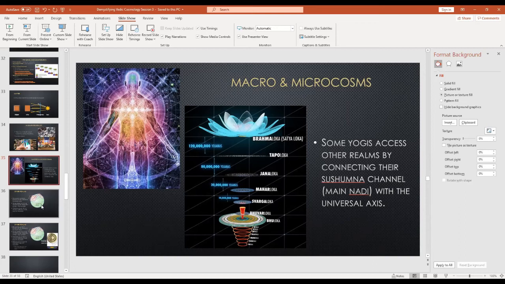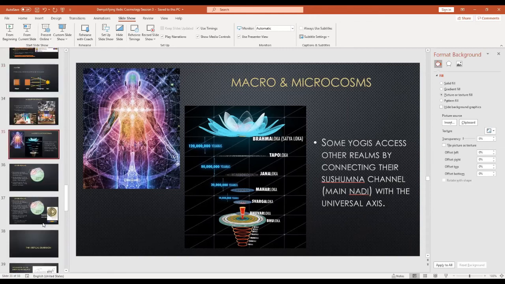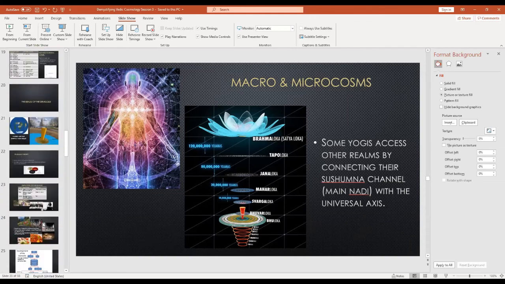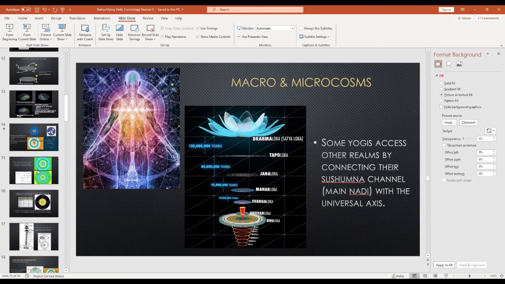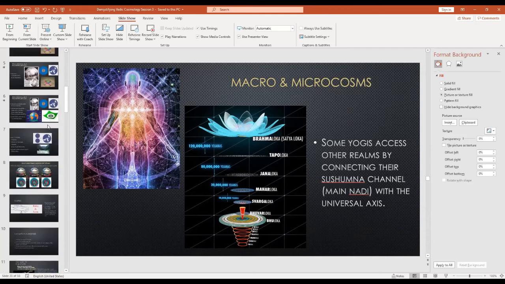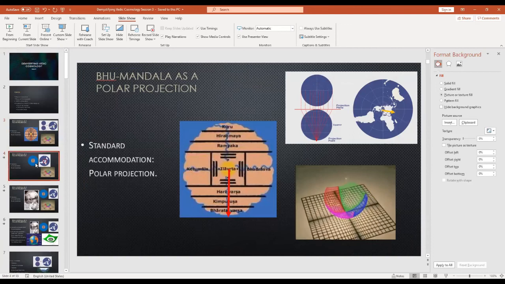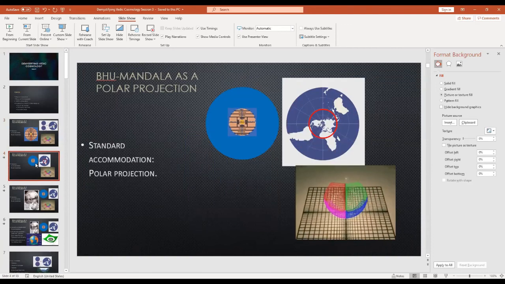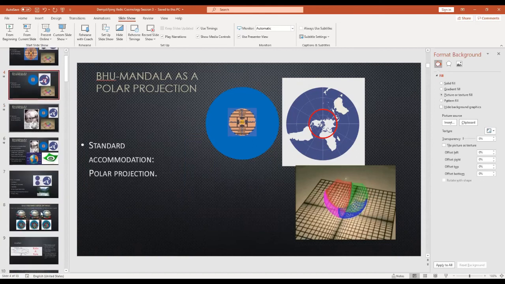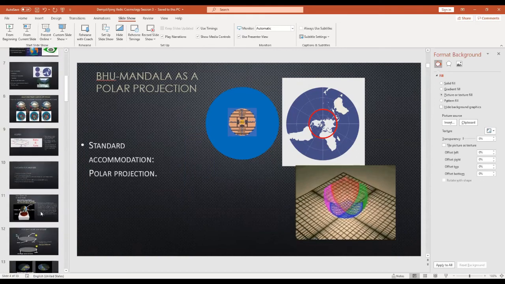But let's say for the sake of argument that they do say the entire universe. Well, if we take Bhumandala to be this polar projection, then we don't really have to worry too much about it.